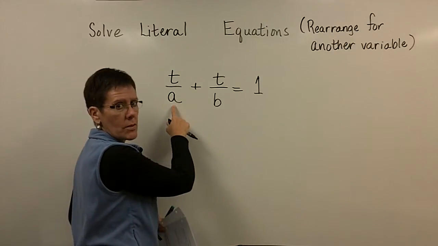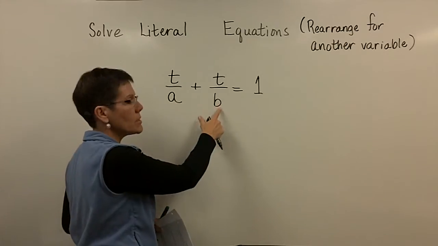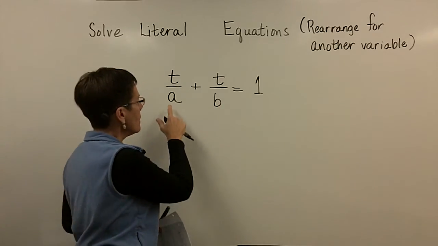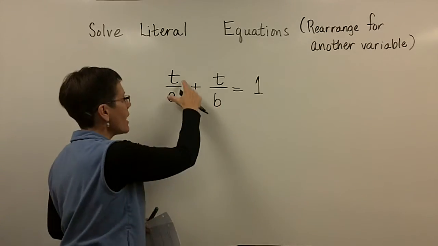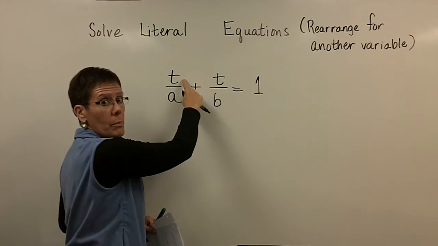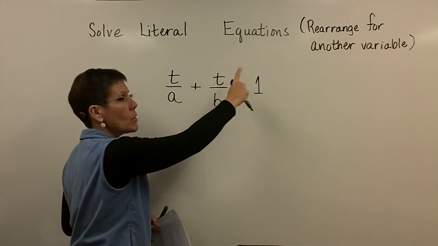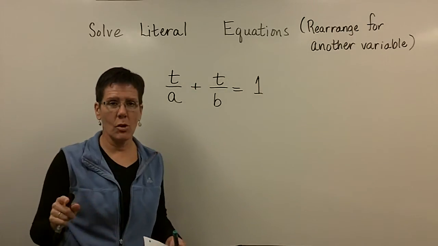And A represents, maybe it's Sue. Sue can do the project in A hours and Sam can do it in B hours. That's their time alone. So their time together over their time alone represents a portion that one of the people would get done in terms of the project. And this is the portion that the other person would get done, and they want to finish the whole project.